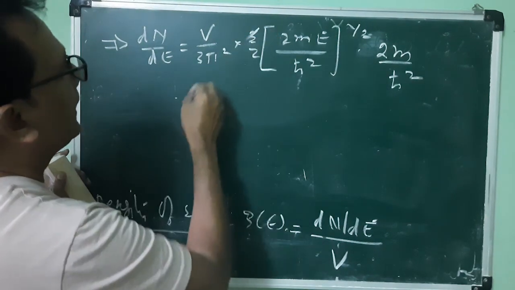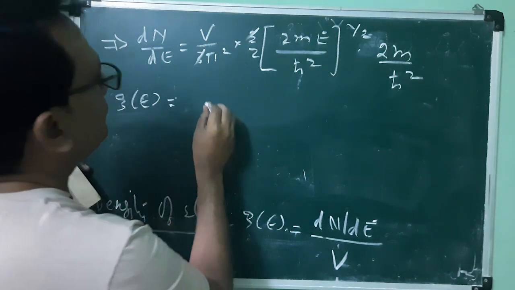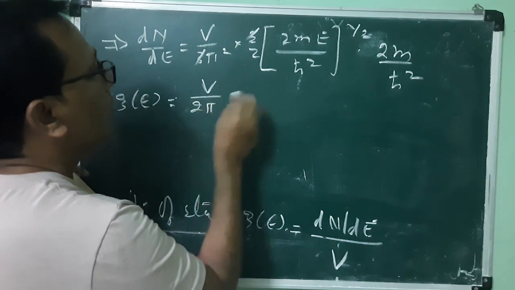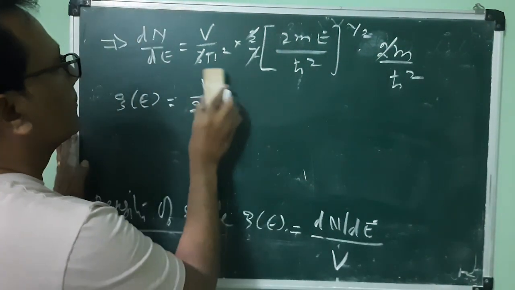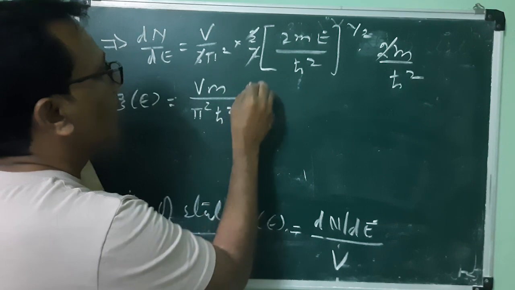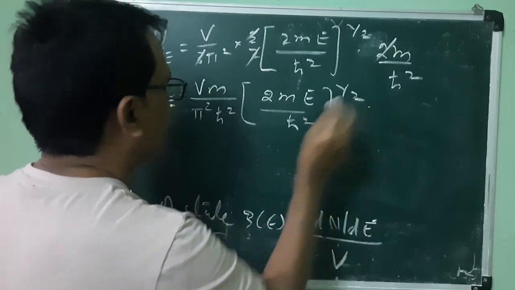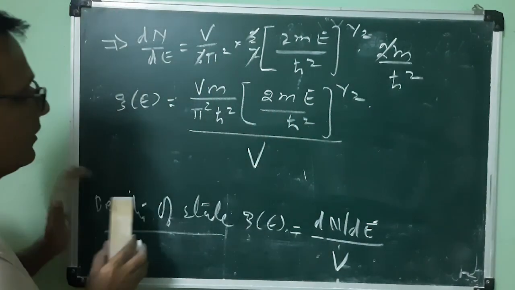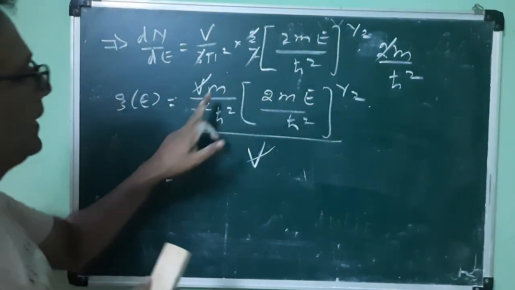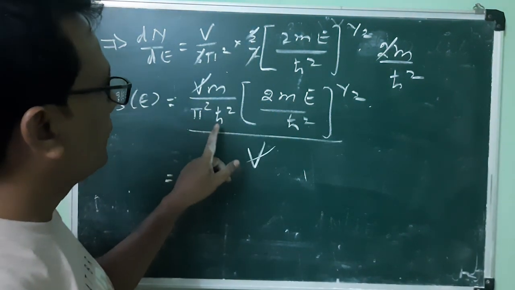So this 3 can be cancelled, and the density of states Z(E) is equal to V upon 2π square. The 2 can also be cancelled here. So this is V m upon π square ħ square, (2mE by ħ square) to the half, and this is divided by V. So V can be cancelled from this, and here there is m to the power of half, and there is 2π square ħ square.